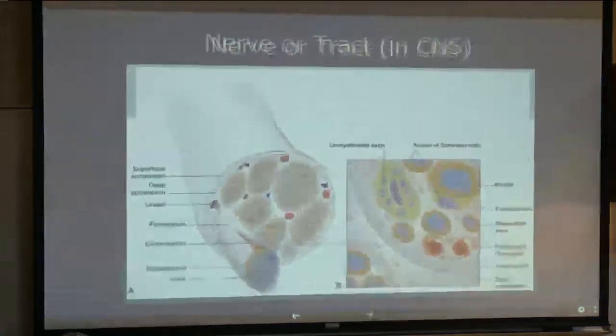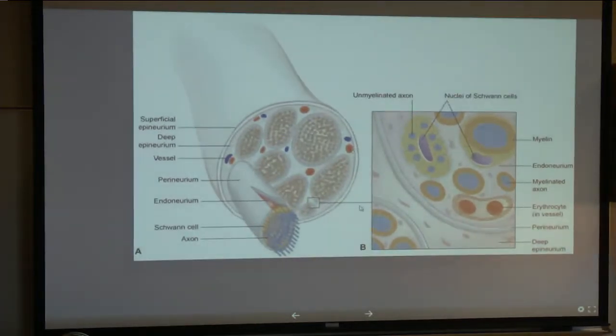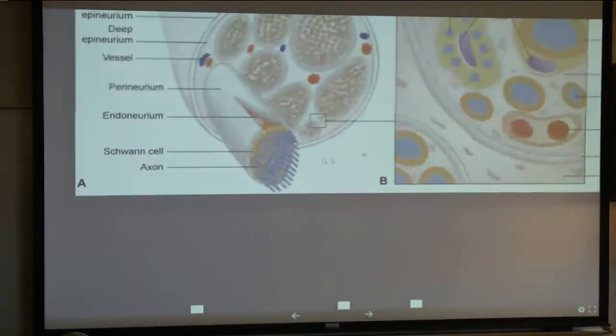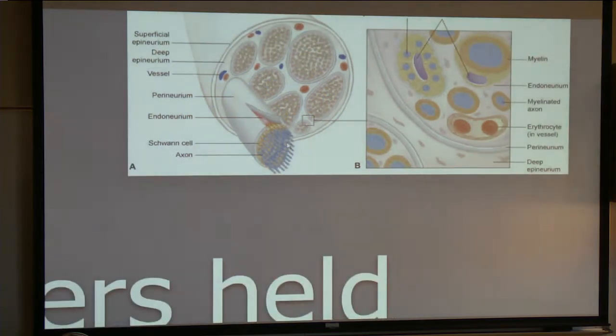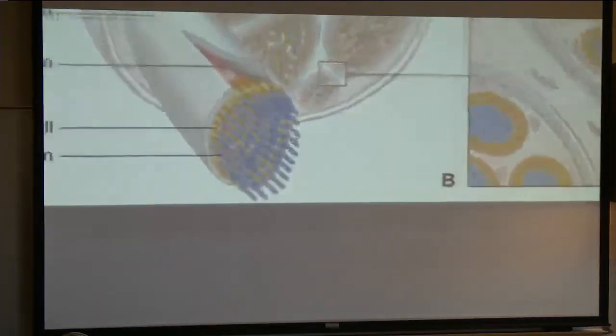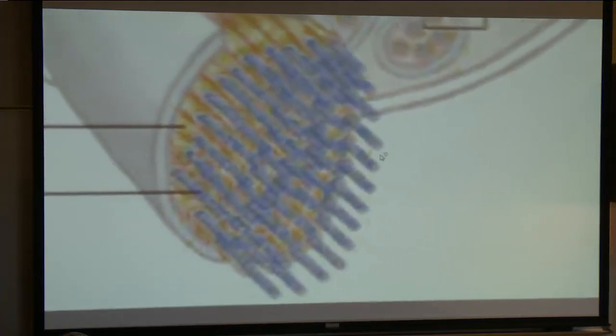So we'll look at that. If we look at this picture. Okay, so here we're looking at a nerve fiber surrounded with endoneurium. Okay, so endoneurium surrounds those nerve fibers. So if we, let me zoom in a little more so it's easier to see. Okay. So this blue is a nerve fiber, this blue is a nerve fiber, this is a nerve fiber.